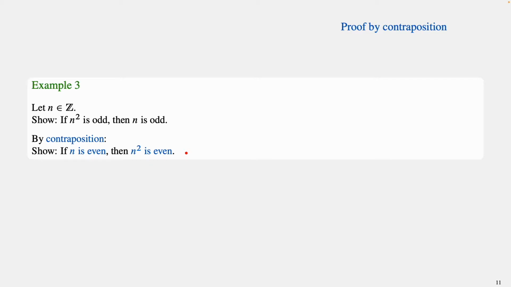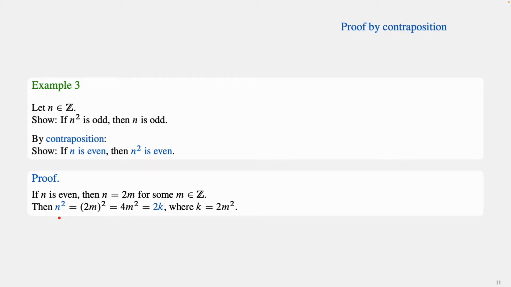Let's go about the proof. The assumption is now that n is even. This means n is equal to 2m for some integer m. And what we want to show is that n square is also of the form 2k for some integer k.